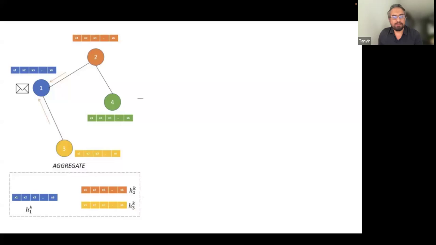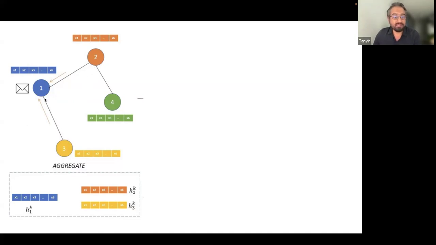What happens in the next step is the aggregate function, which is defined by these arrows here. If we take the example of the first atom, number 1, represented by the blue features, it gathers information from 2 and 3, because 1 is connected to 2 and 3.